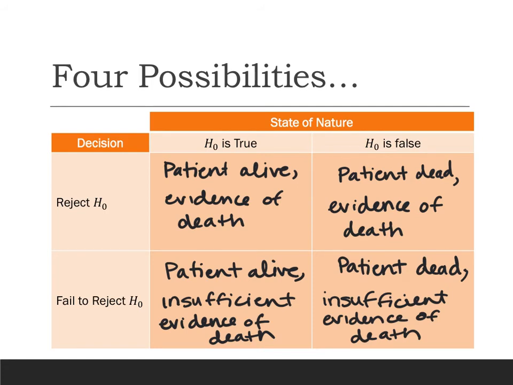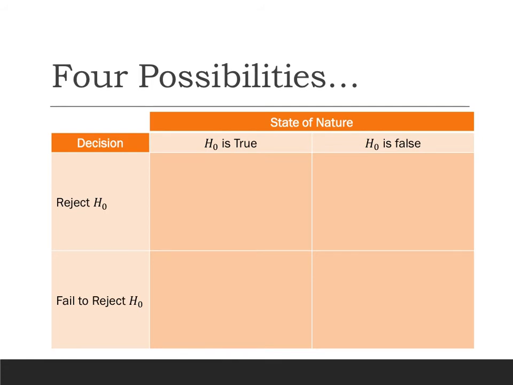But what does this really mean? If the patient is alive, but Spock believes that he is dead, what's going to happen? First of all, let's make note of what Spock's choices are. Spock is either going to vaporize or try to revive.